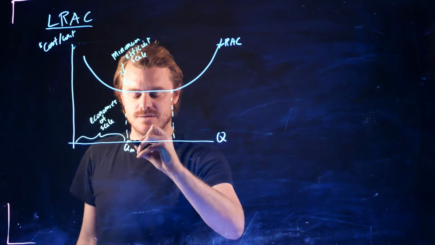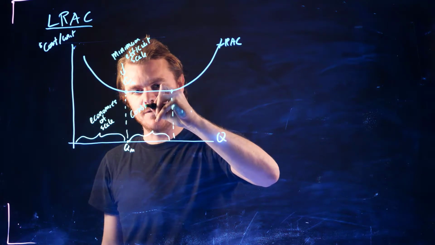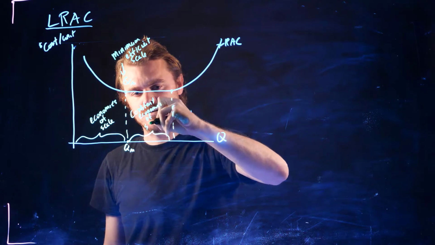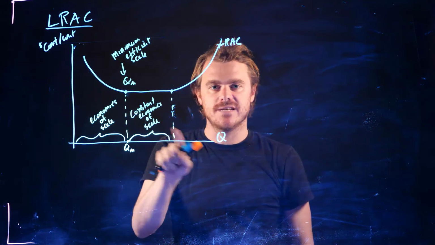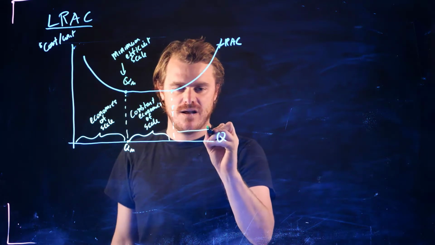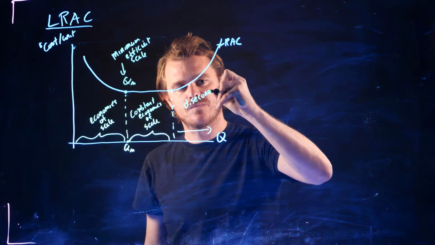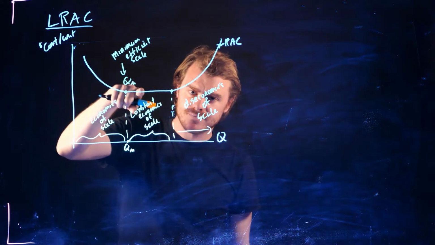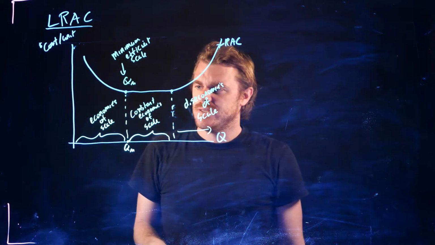Between these two points, we have constant economies of scale. The cost curve is flat there, so increasing production doesn't increase or decrease the average cost per unit. And as soon as we get past this point, we have diseconomies of scale. As we produce more units, the average cost of production goes up.